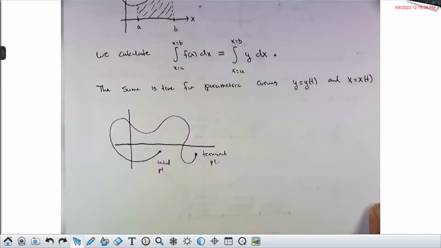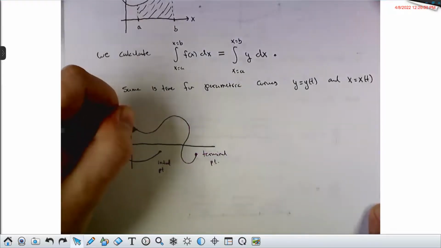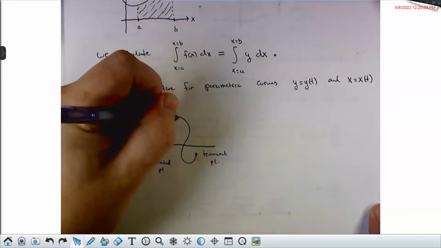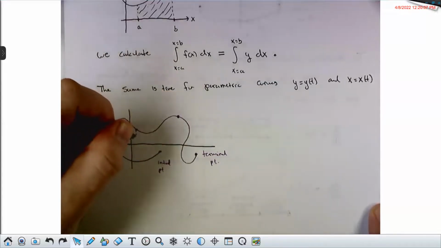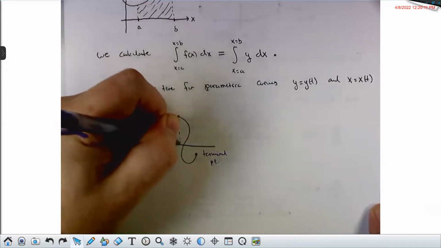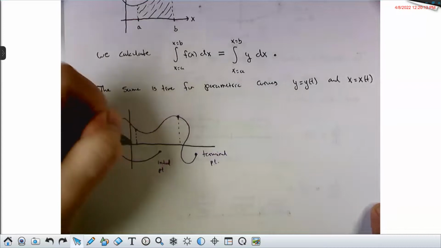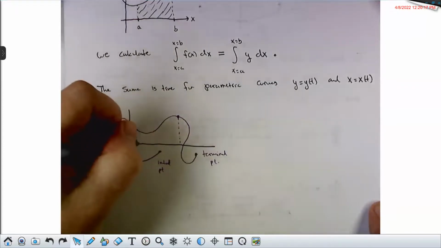is over here. And maybe I want to find the area between here and, let's say, here, bounded by this curve and the x-axis. So I want to find this area.